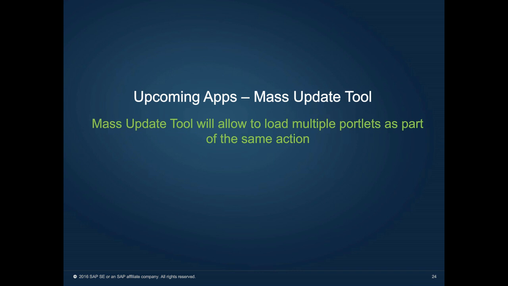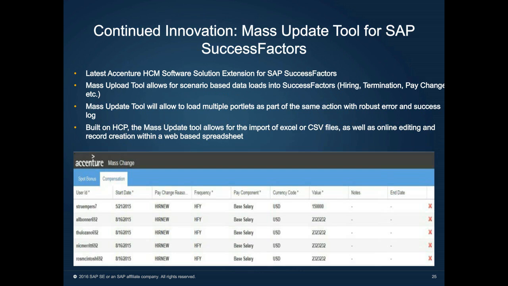And the gap is that companies are looking for a way to do mass updates, whether I'm updating records that already exist, or creating a large volume of changes in the system related to hiring, termination, pay changes, etc. And these are changes that don't just touch one portlet, but attach to many, many portlets and many SuccessFactors modules. So how do I quickly do that?